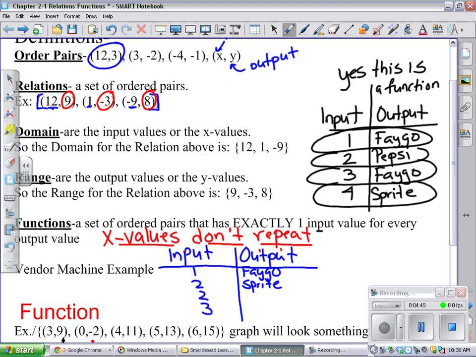If I put in 2, I get out a Coke. If I put in 3, I get out a Pepsi. So the difference with this one, if I push a 2, I have 2 possible outputs I could get out, and you're not sure which one you're going to get, so obviously the vending machine is not working correctly. So this one is not a function because the input values repeat.